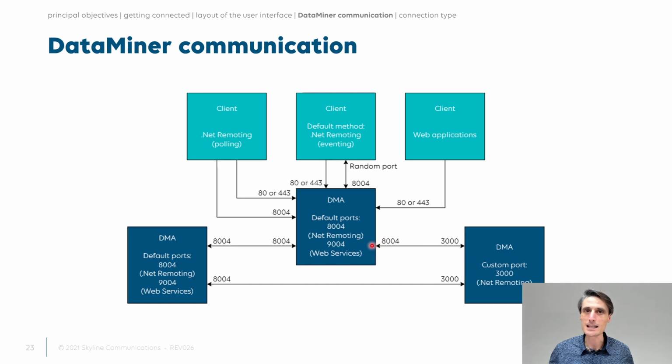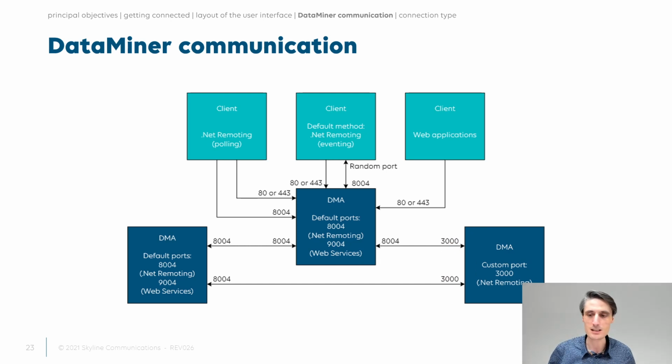in between DataMiner agents is using port 8004. Here it is, 8004. So between the different DataMiner nodes, you also need to have port 8004 open. It is possible, although, that you could have some kind of node on a remote location where you can only open up port, let's say, 3000.